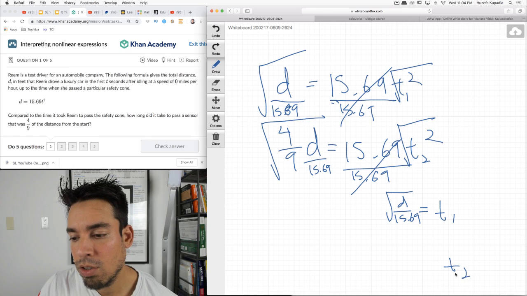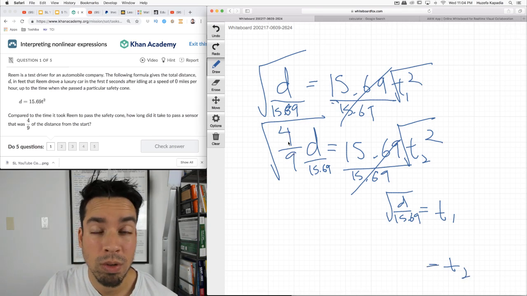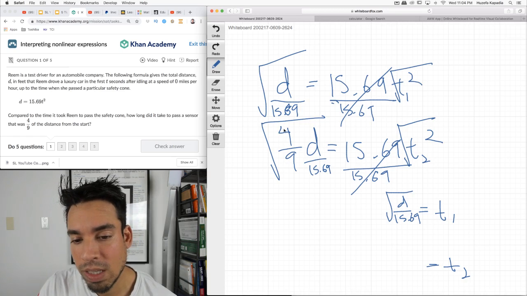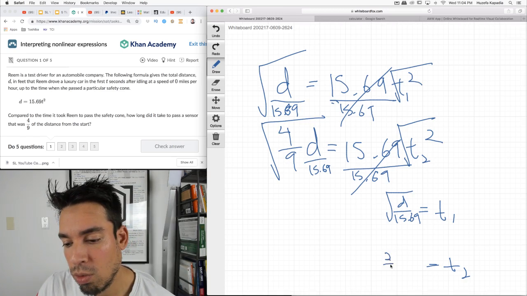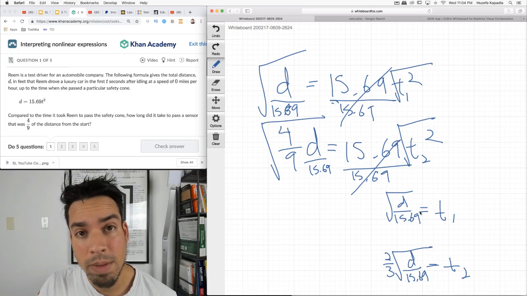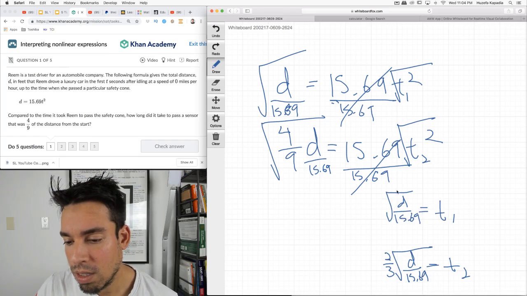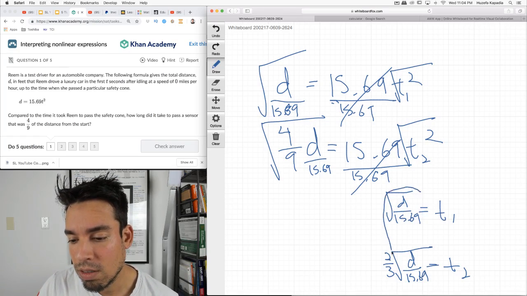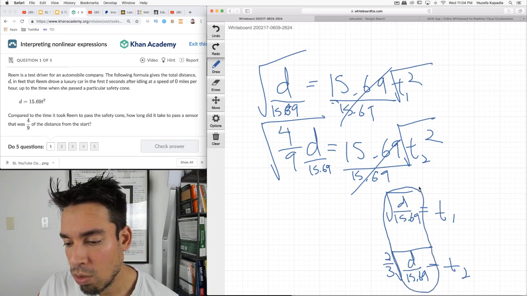What we get for T2 is this, but we can take the square root of 4/9 actually because they're both perfect squares. So if we take the square root of that, it becomes 2/3 times the square root of d over 15.69. Now I could evaluate this. I could try and take a square root of this. I'm not going to worry about any of that. The main part is these two guys are equivalent, okay?